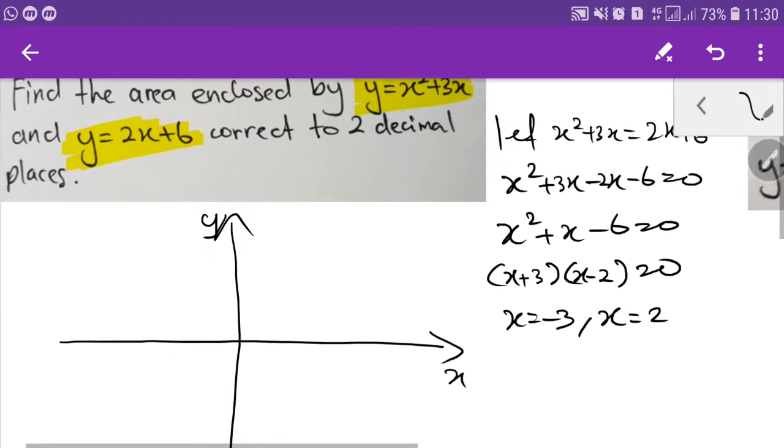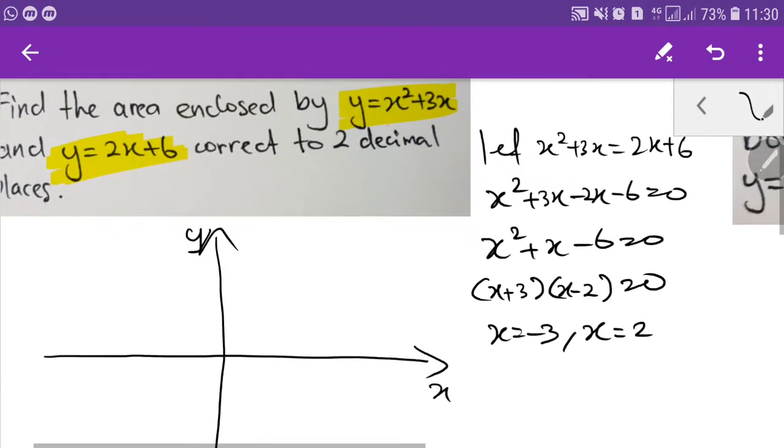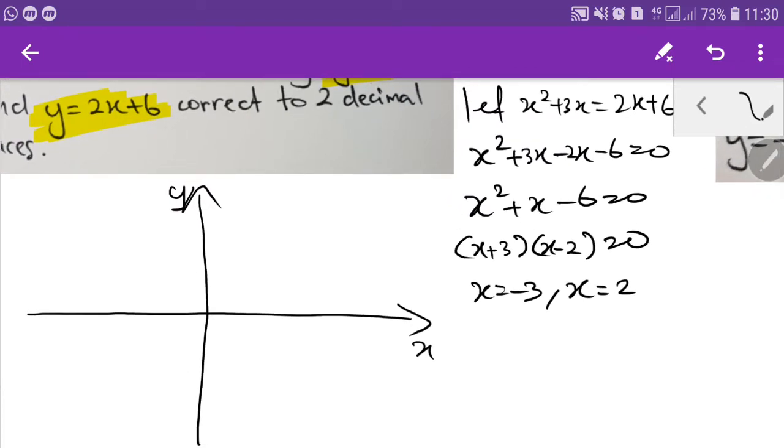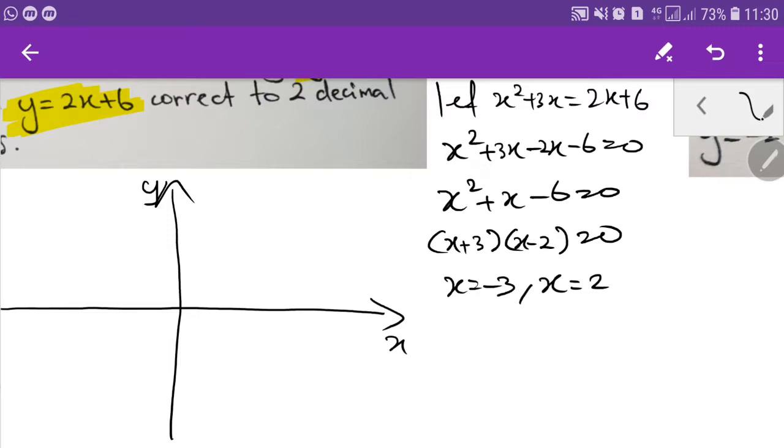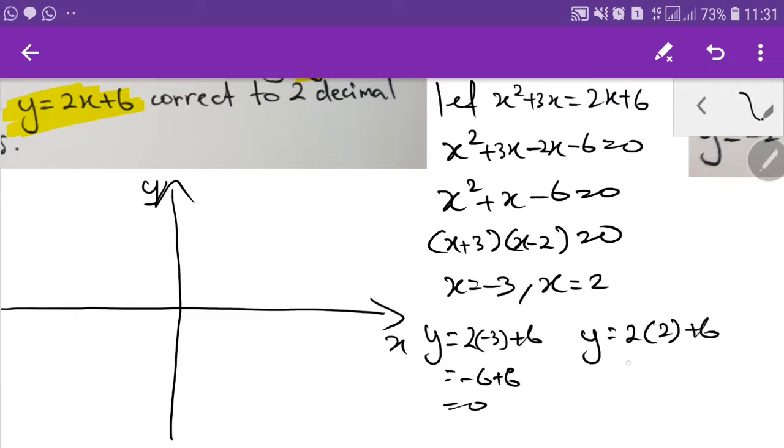Since these are only values of x, we need to find the points. So we substitute back into y equals 2x plus 6. For x equals minus 3, y equals minus 6 plus 6, which is 0. For x equals 2, y equals 4 plus 6, which is 10.